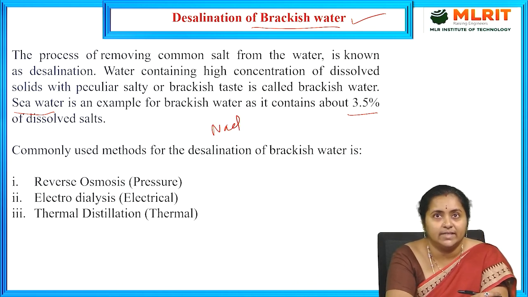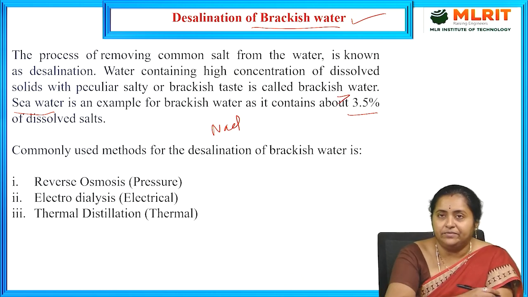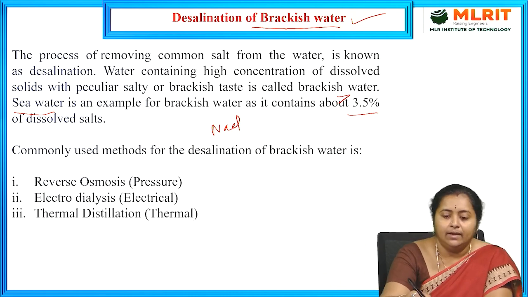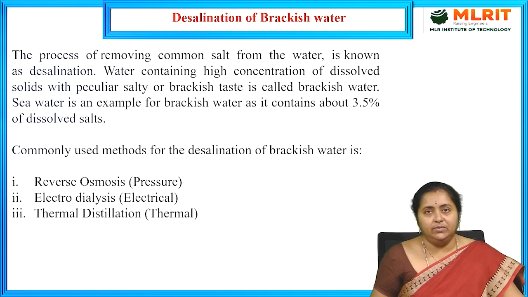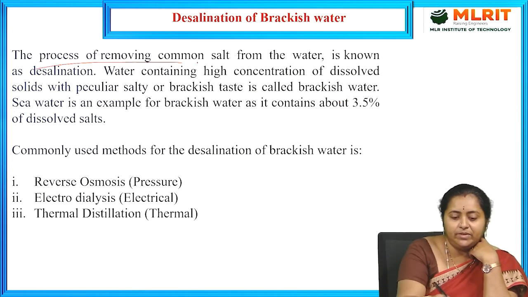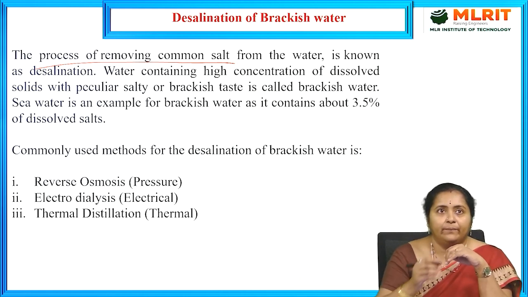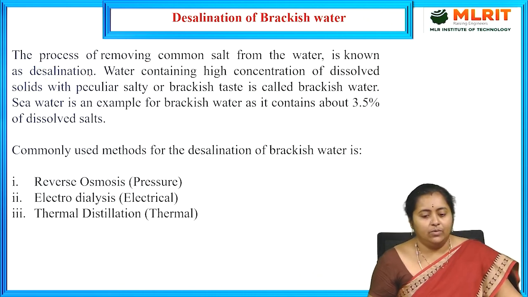Likewise, if the dissolved salt content is greater than 3.5% in a water sample, then we call that water sample brackish water. I just want to remove the salt content from brackish water. The process of removing dissolved salt content from water is what we call desalination of brackish water.